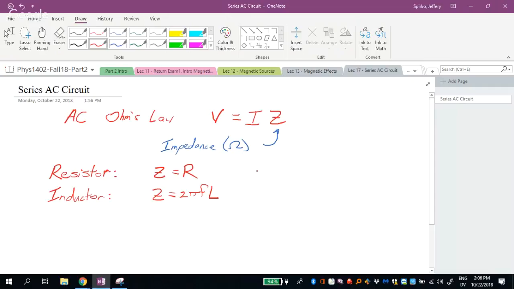And then the last one is the capacitor, where Z is the inverse, 1 over 2 pi F C. For the capacitor, once you build it, the capacitance, the C value, is difficult to change.